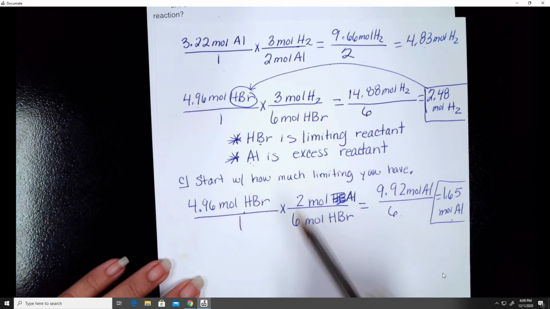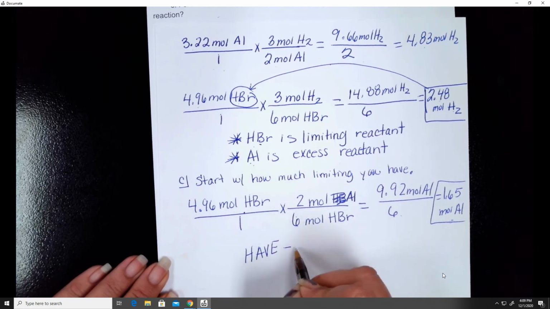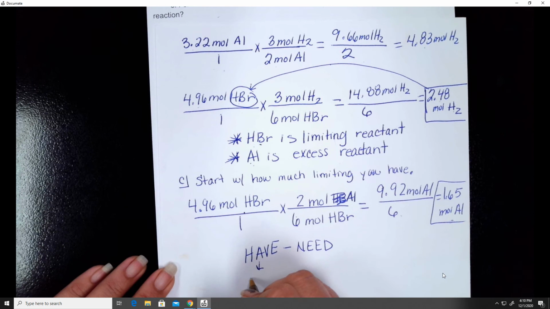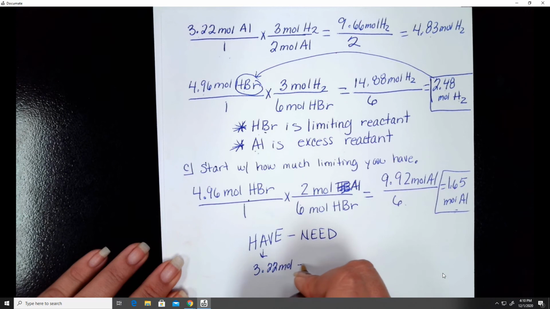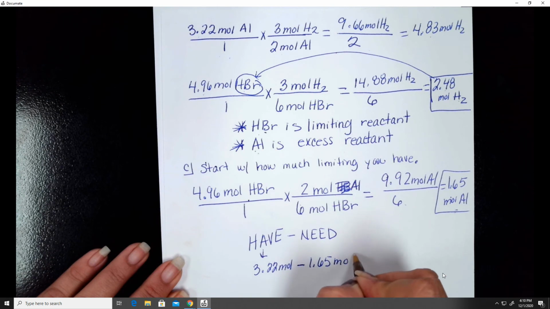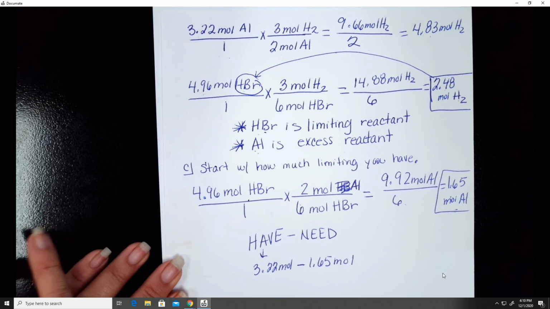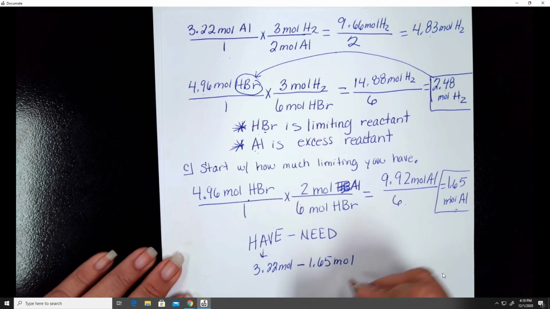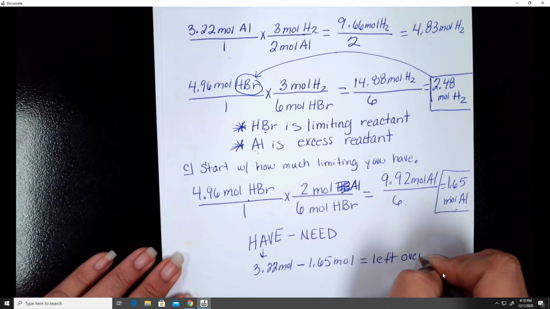So to find excess, it's always a have minus a need. I have 3.22 moles of aluminum. I only need 1.65 moles. So when I subtract, I end up with 1.57 moles. And that is how much I have left over.